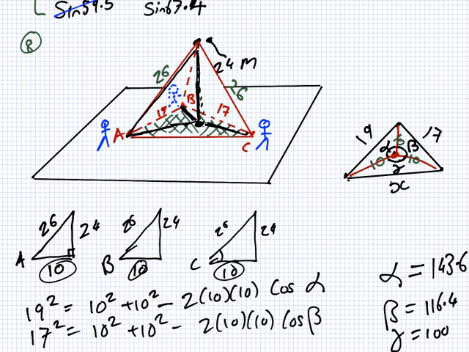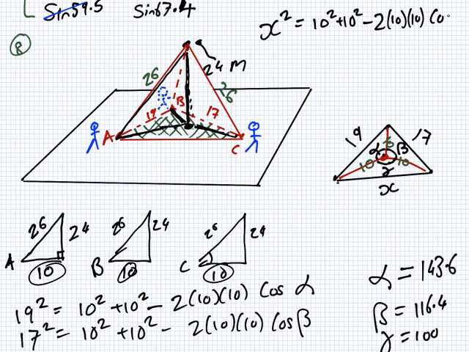So now, finally, I can say x squared equals 10 squared plus 10 squared minus twice 10, hang on, I'll make this neat, minus twice 10 times 10 cos gamma, 100. Did you speak Chinese?